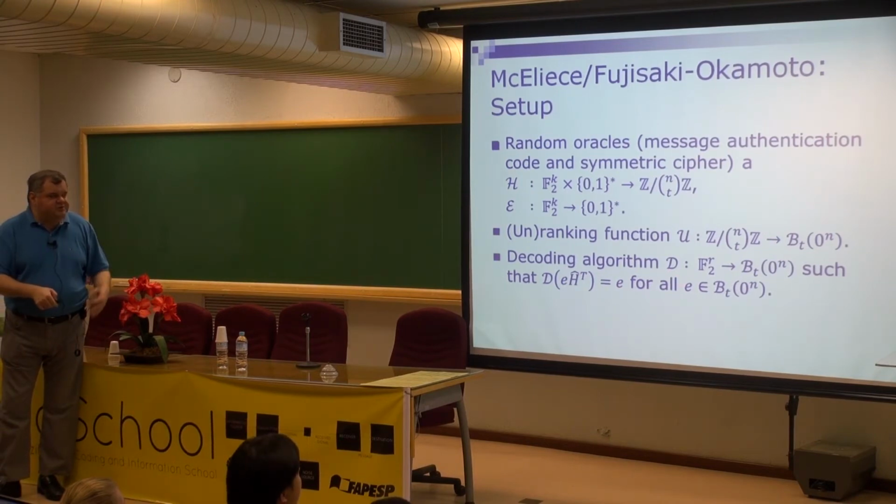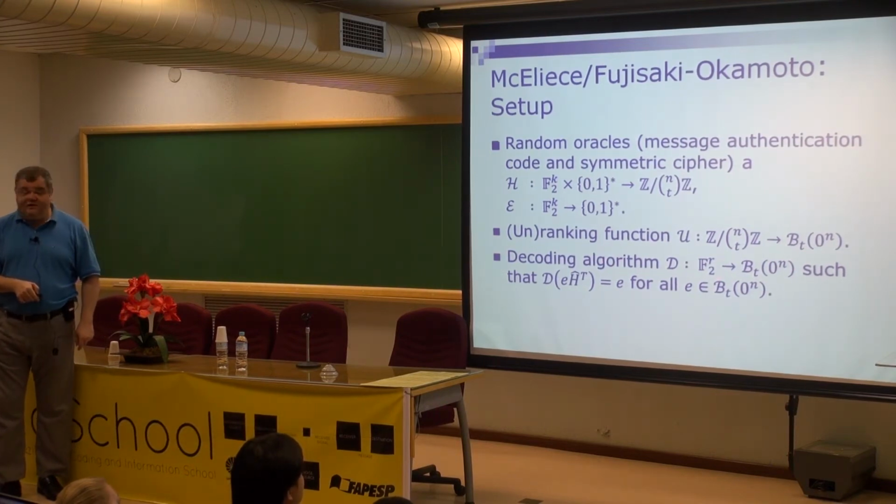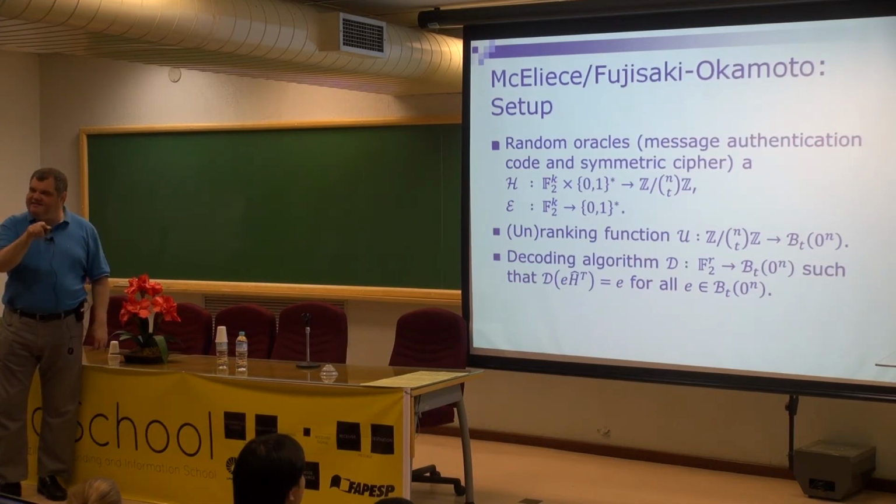And of course, we have to have the efficient decoder. It's an algorithm D that takes a syndrome and produces an error vector, an error pattern. It has to satisfy this requirement. When given the privately decodable syndrome of any error pattern of Hamming weight t, it will yield exactly that same vector.